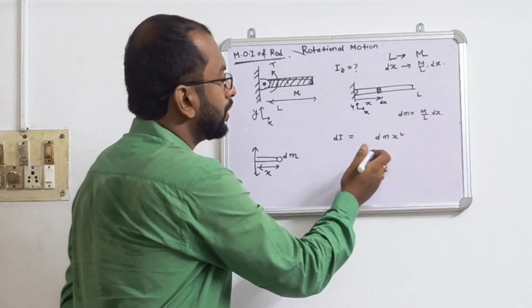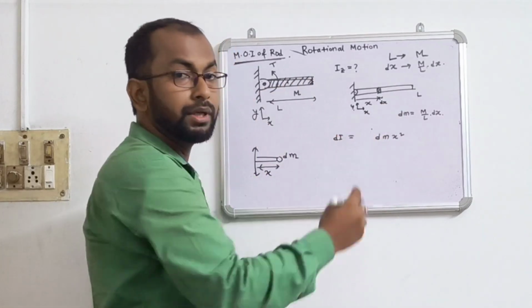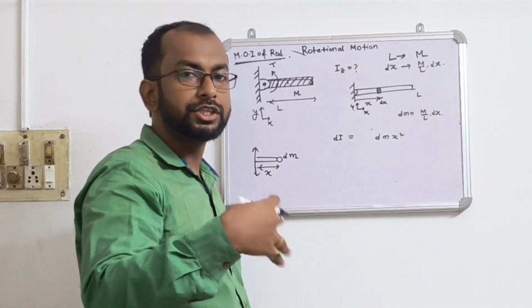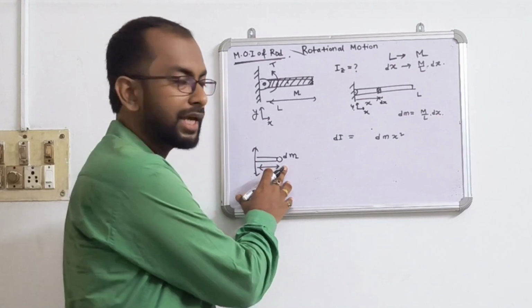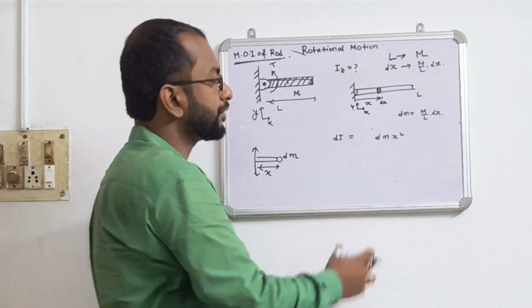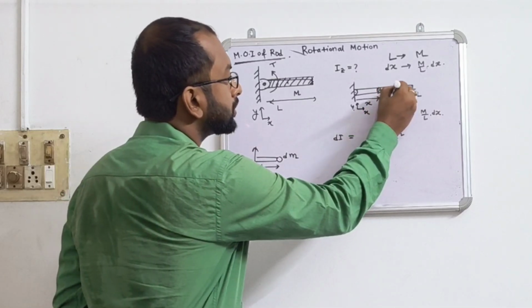Now, if you take the summation of that, summation means integration. Integration is an extended way of using the summation. So due to the small mass dm, the small moment of inertia dI is dm into x square.